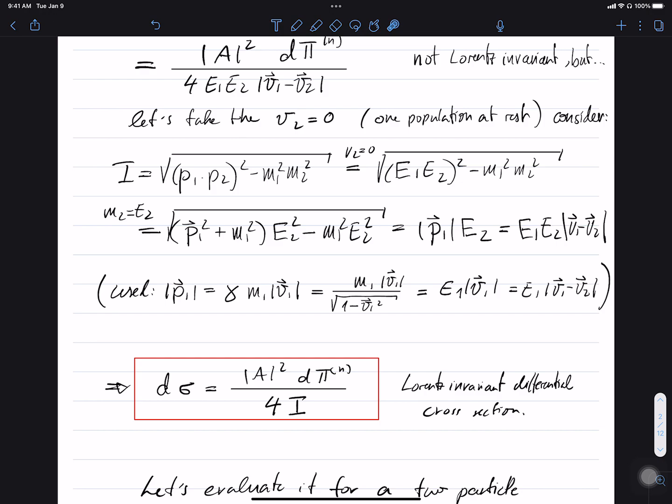So this is E1 times V1, but since V2 we have set to 0, we can also write E1 times (V1 minus V2), which allows us to connect to this expression.